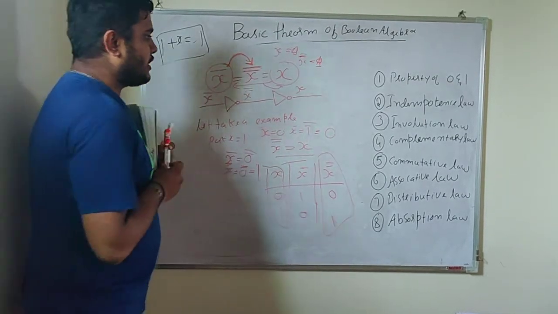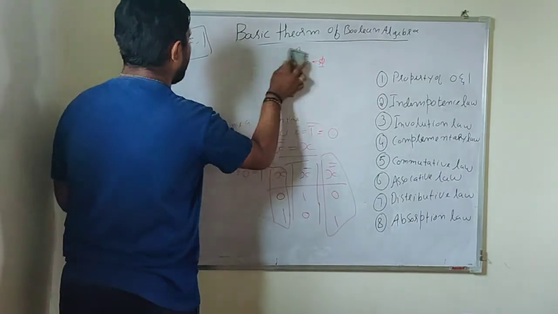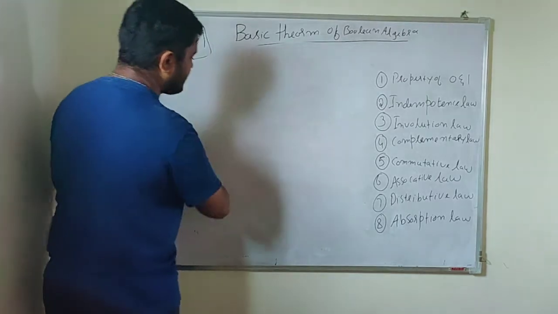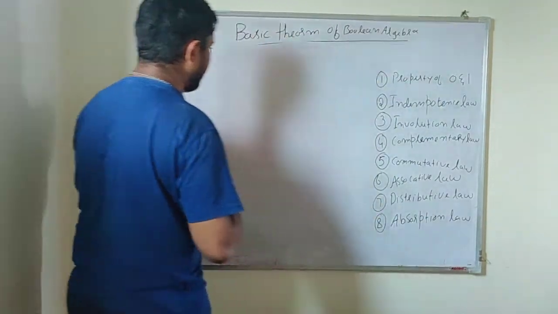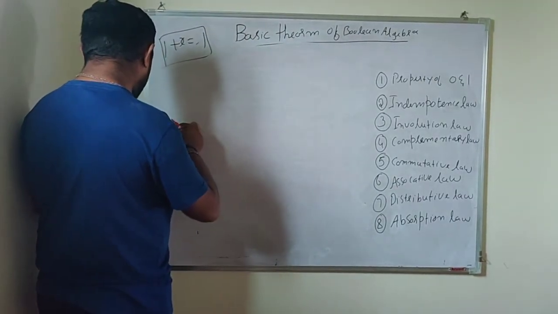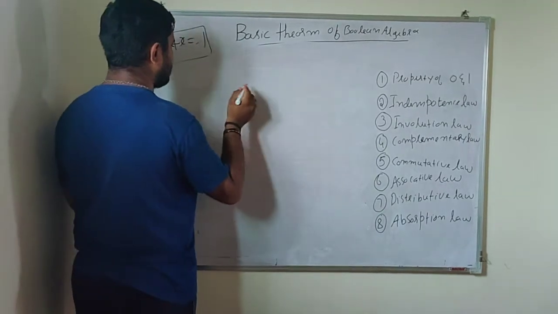So next is the complementary law. What does the complementary law say? The complementary law states that if a variable is combined with its complement using an AND gate or an OR gate, then for OR you will get the value 1.